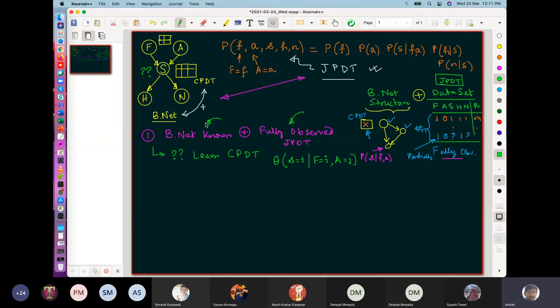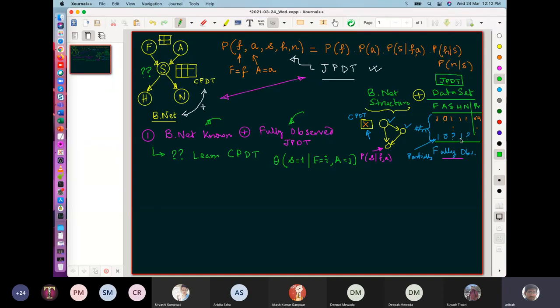First problem. Yes, so there is a small question. Like, in the case of fully observed joint probability distribution, we have 2 to the power n entries. No. You have fewer entries, but whatever entries you have are complete. Suppose you have collected data such that whichever probability you get, you know the N, H, S, A, and F values. In some cases you may get a probability value, but you cannot relate the headache with nose running and sinusitis and all.